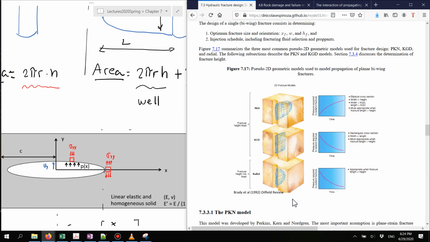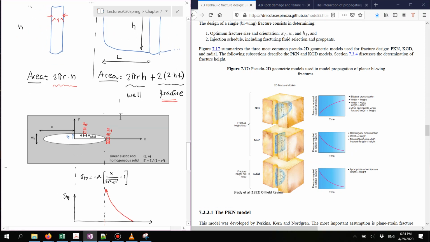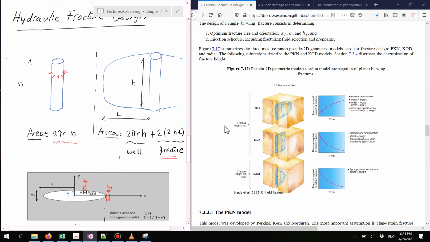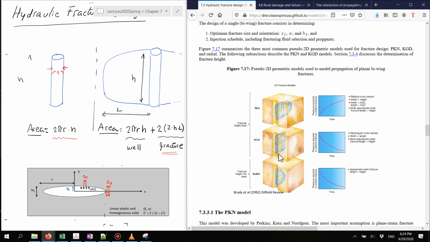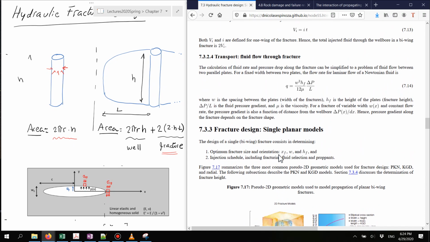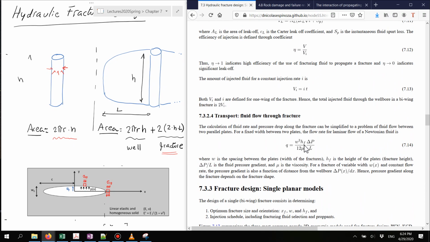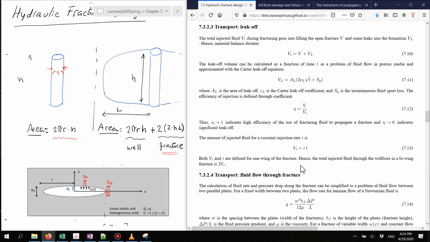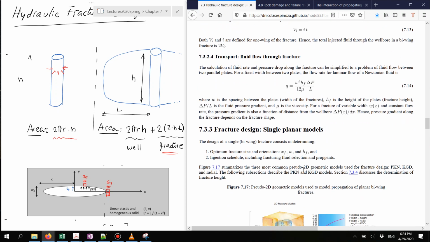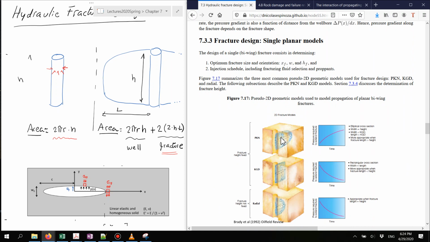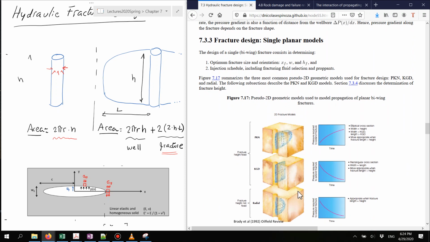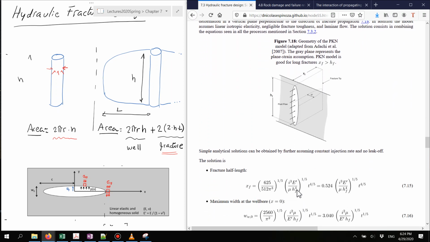The point of this lecture and the point of this discussion is to explain all the fundamental processes that go into hydraulic fracture propagation, and how you can treat those mathematically and with physical models. When you put all of those together, and if you assume a simple geometry like PKN, KGD, or radial, you can arrive at these analytical solutions that we have shown.